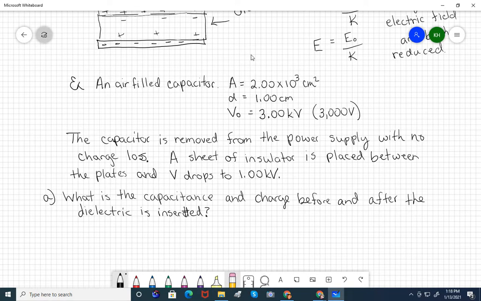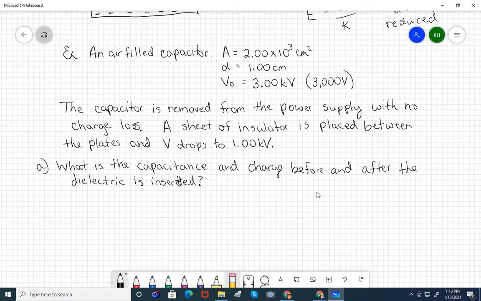Okay, well first let's look at what the capacitance is without the dielectric.